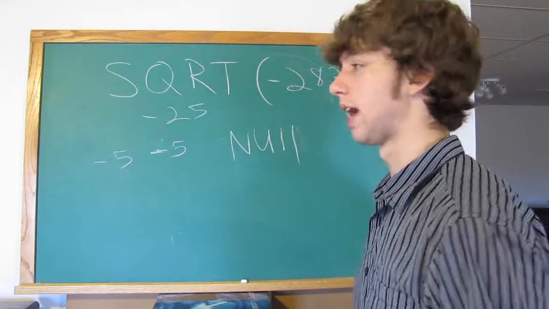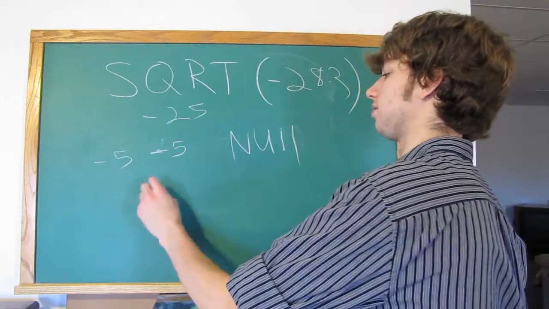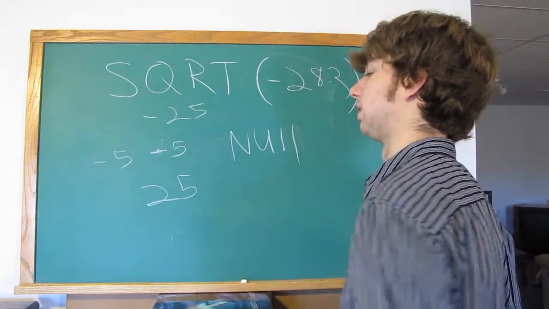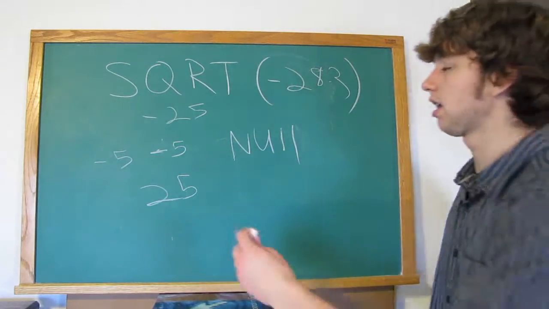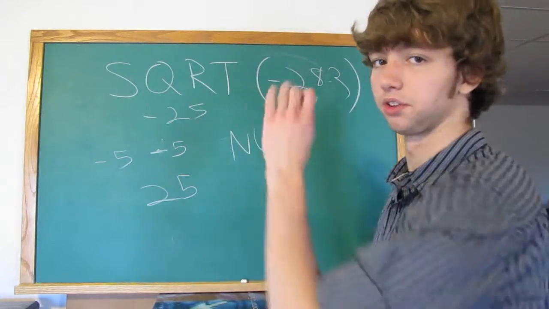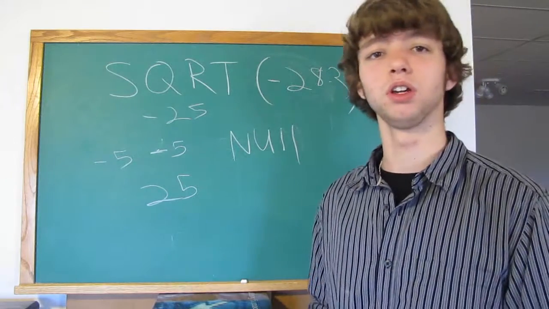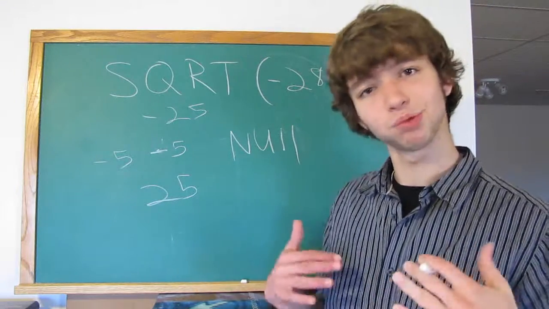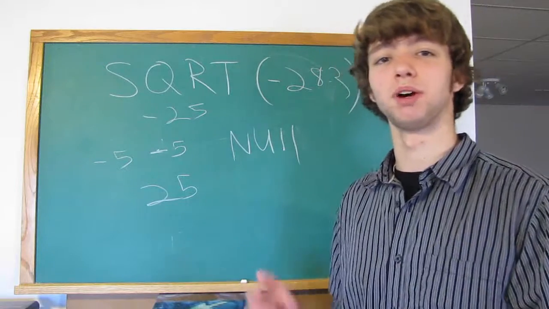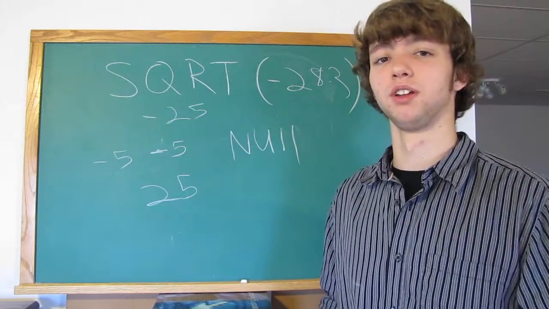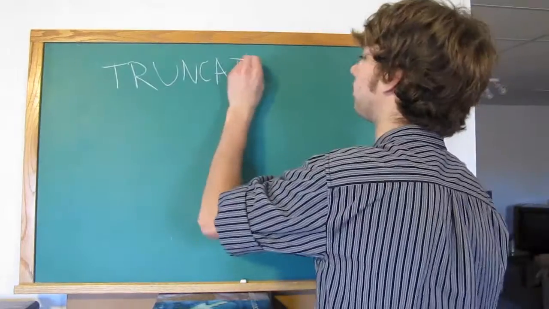Well, by the rules of math, this is the same thing as positive 25, because if you multiply a negative by a negative, you still get a positive. So you can't use a negative number in a square root. It doesn't work. Well, it might. I can't prove that it doesn't, but if you give me a number that you can multiply by itself and gives a negative number, then you get a cookie.